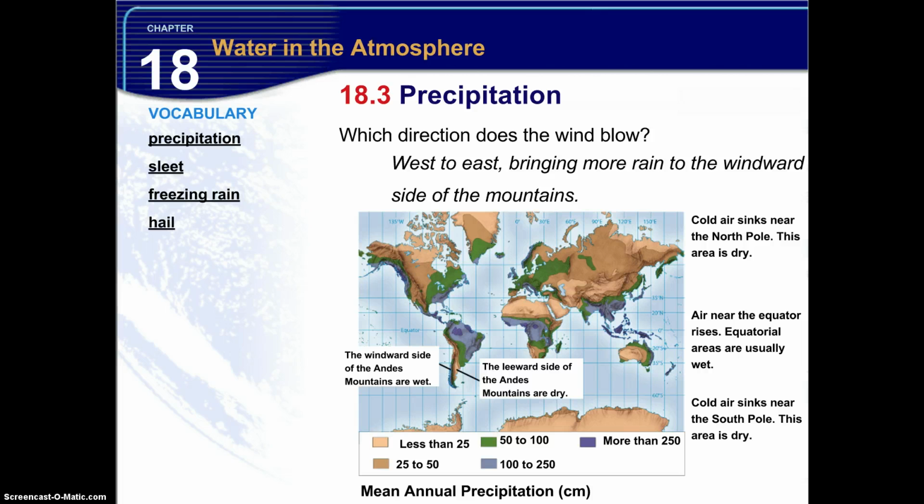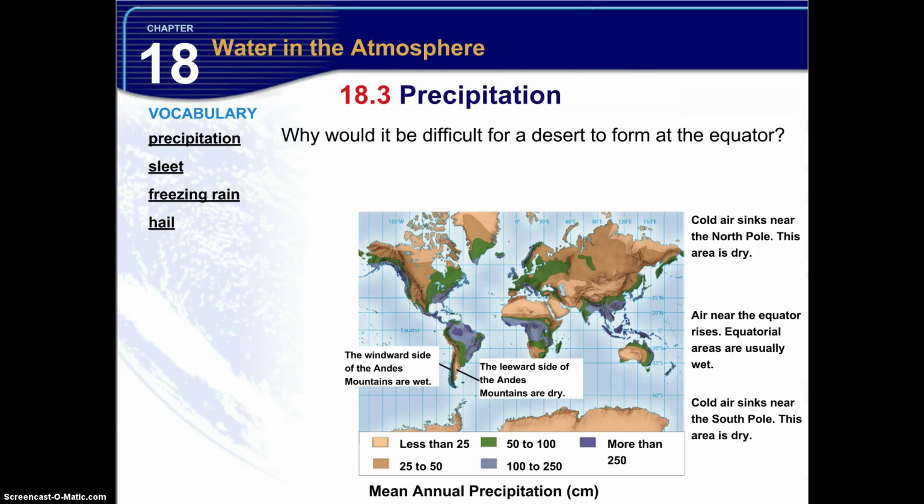The wind blows west to east, bringing more rain from the Pacific to the windward side of the mountains. So areas like Seattle, the state of Washington, Oregon, California, are going to receive high precipitation rates. And then you go over to the Midwest states where they're very dry and cold.